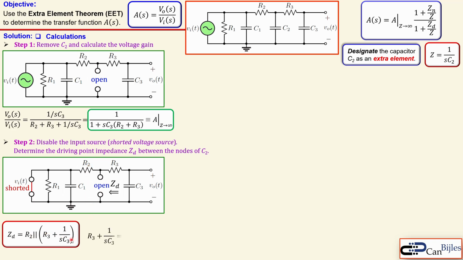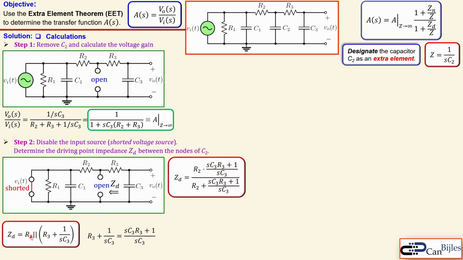Now if we work it out here, this first part, the R3 plus 1 over SC3, is given by this expression, making it 1 fraction. And then we can use again the formula for the parallel components, and then you get actually this. So you multiply the R2 and this expression, which you see here, divided by the summation, which you actually see here.